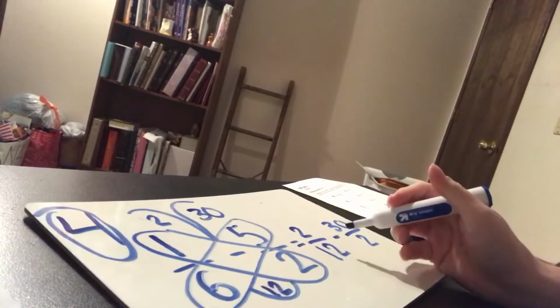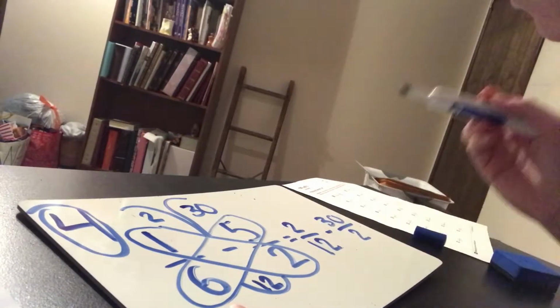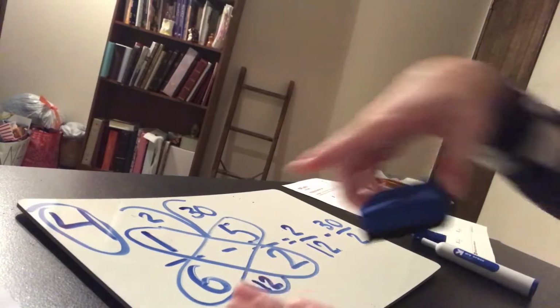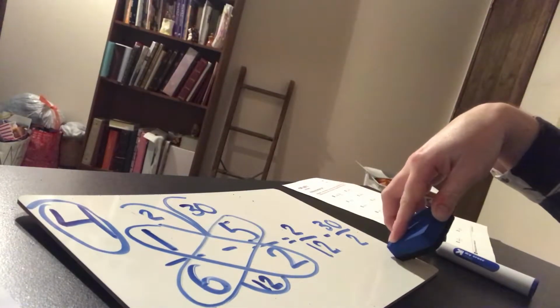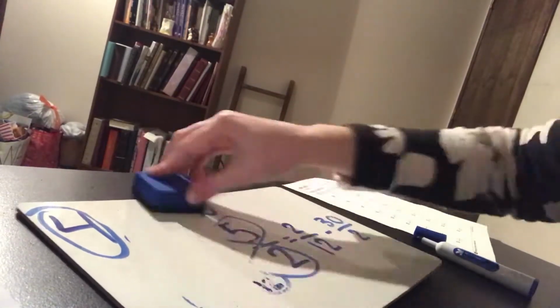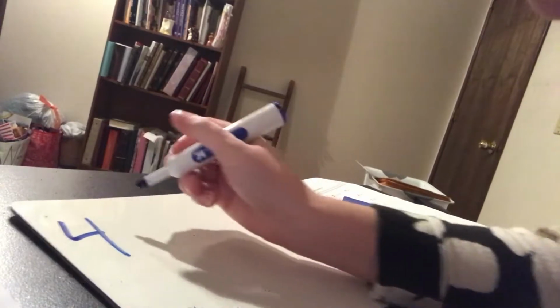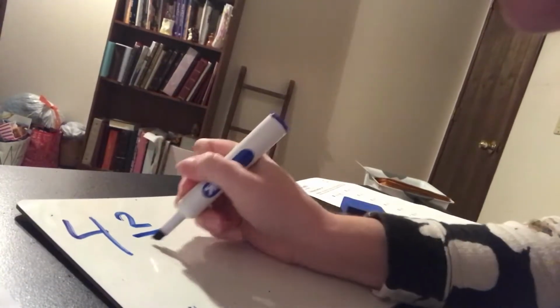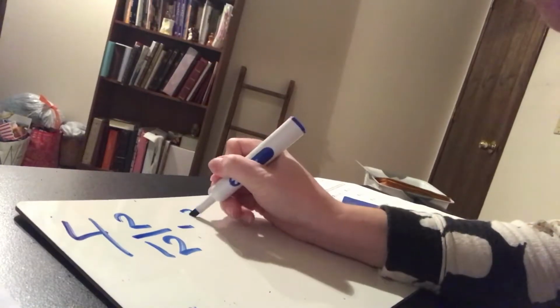Now I can't really subtract here because you can't take 30 from 2. So I'm going to rewrite that. I'm going to leave my 4 there because I need to remember it. And I'm going to give my first fraction some more value. So it was 4 2/12 minus 30/12.